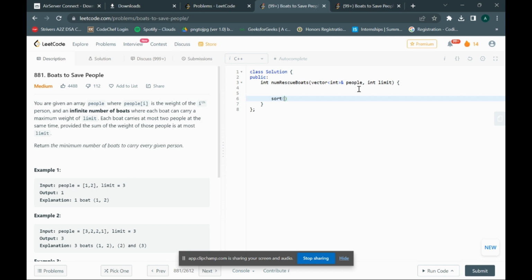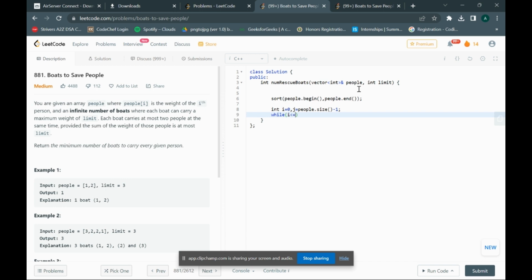So we have a people array. First we will sort it. Now we are taking two pointers. The first pointer is at i equal to 0, that is the least weighted person, and j equal to people.length minus 1.